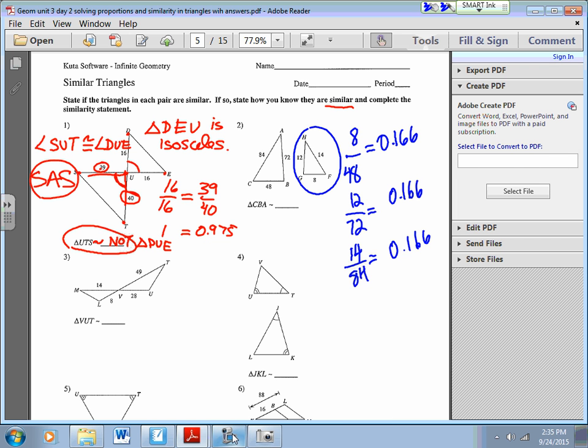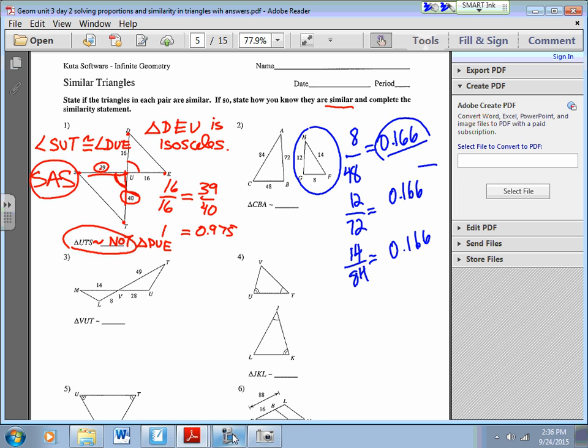If you would have done 48 over 8, that would have given you 6. 72 over 12, that would have given you 6. And 84 over 14, that would have given you 6. As long as you're consistent, you're picking the smaller figure and using all those sides and putting each one of them over the larger figure's corresponding sides to it. Now, I didn't know which ones were corresponding. The only thing I do know is I know how to put things from smallest to biggest.